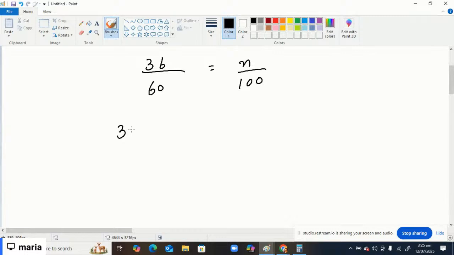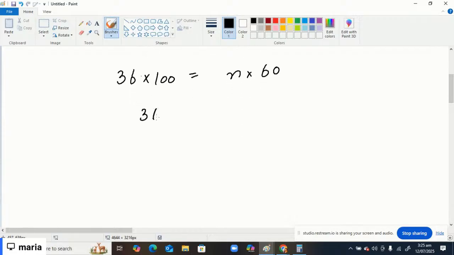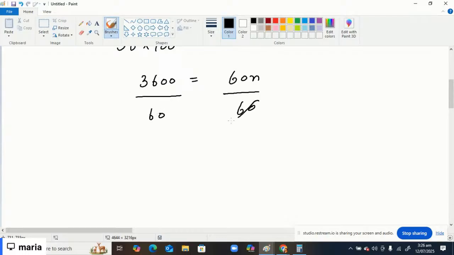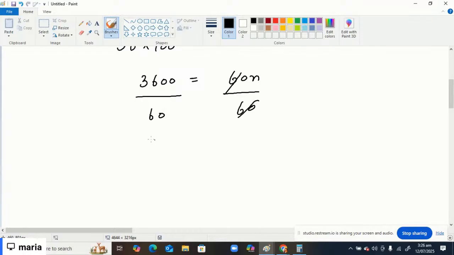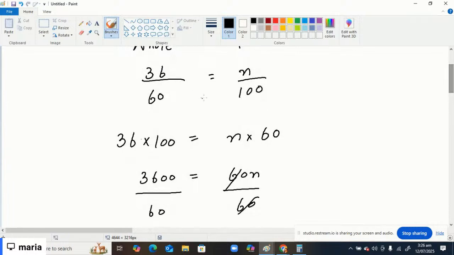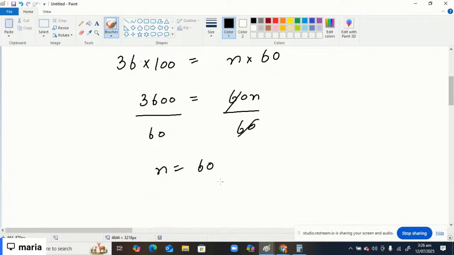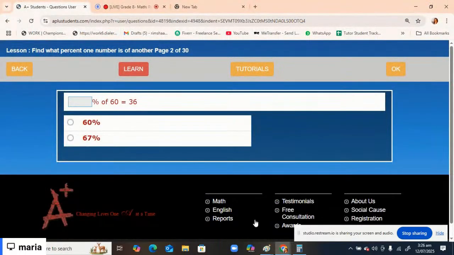Cross multiply: 36 times 100, n times 60. This is 3600, that is 60n. Dividing by 60 on both sides, this should be cancelled. Now 3600 divided by 60, so n is equal to 60. Understand? Here we are going to cross multiply and the answer is 60%. So let's see. Here we go, the answer, and that is the right answer.